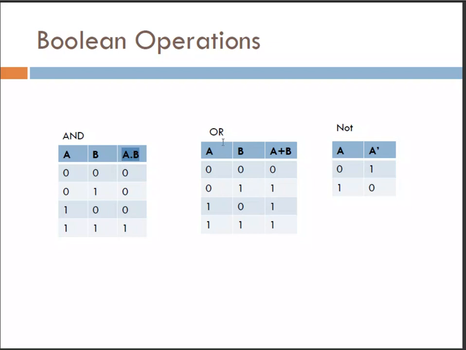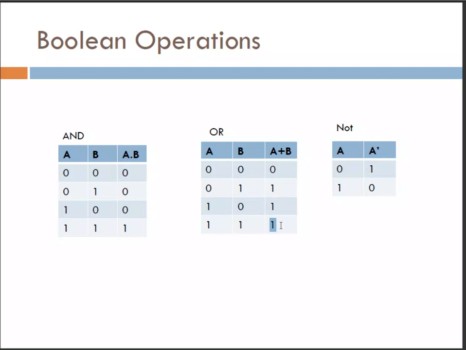Let us move on. For OR, we take A plus B. The inputs are the same two variables, and then here we have the output. This works like addition, but the exception is the last row: 1 plus 1 is equal to 1.